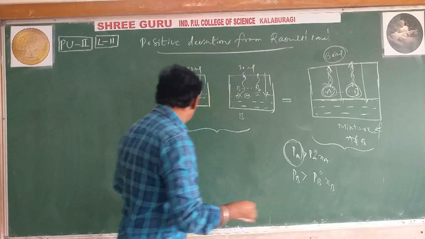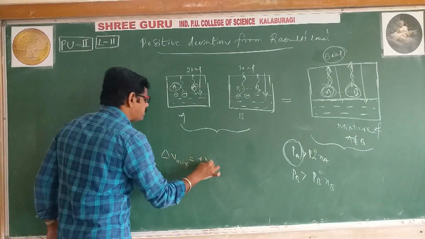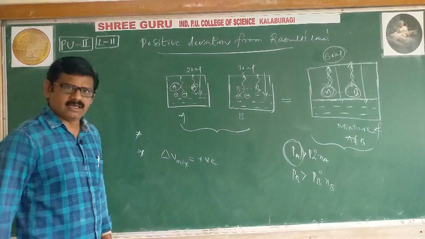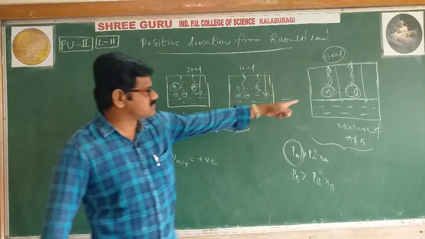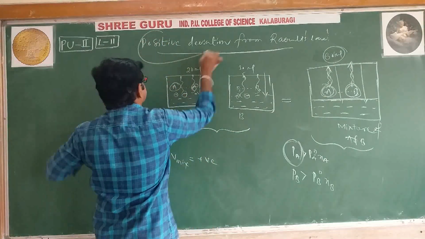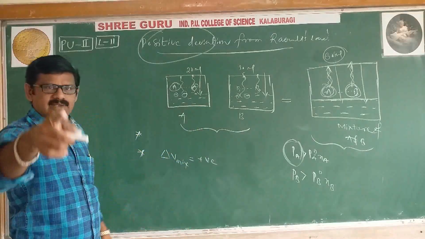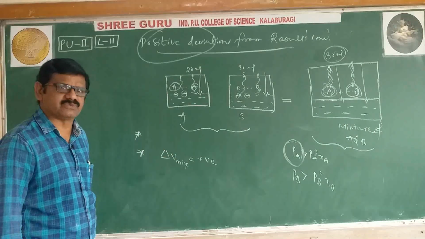What can we say here? Delta V mixture is positive, we can write greater than 0. Positive means volume increases. Blindly remember, for a positive deviation, all values you will get are positive.